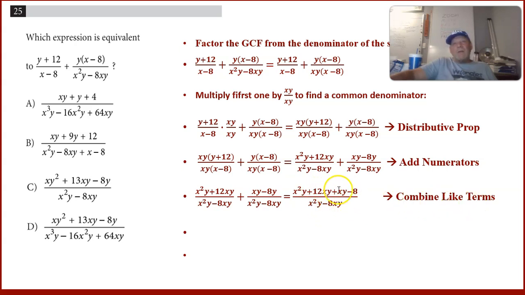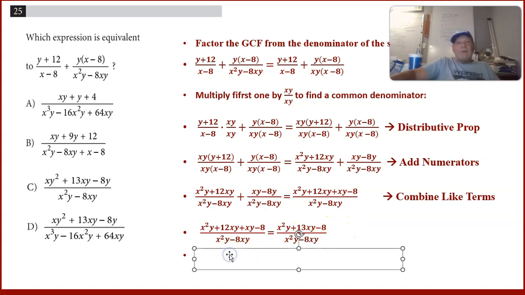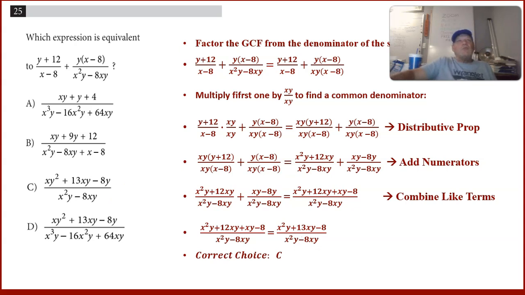Then I'm going to combine like terms because I've got 12xy and xy here. And that ends up being x squared y plus 13xy minus 8 over x squared y minus 8xy. And that happens to be choice C again. So both of these were choice C's.